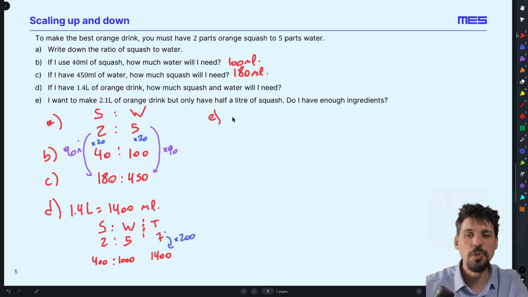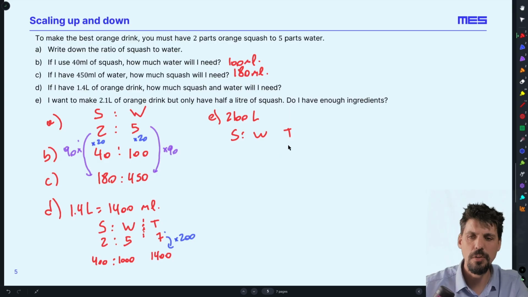If I want to make 2.1 litres, so 2,100 millilitres of orange drink, but only have half a litre of squash, do I have enough ingredients? Well, remember, squash, water, total, we're going with 2 and 5 for a total of 7 mils, but we want 2,100 mils.